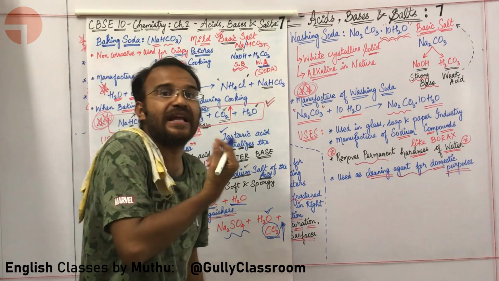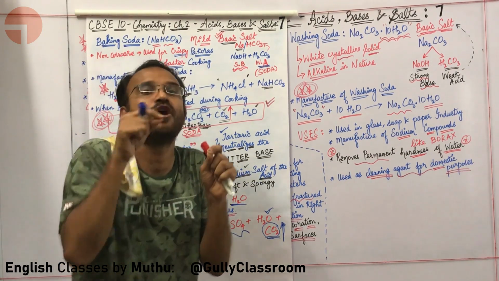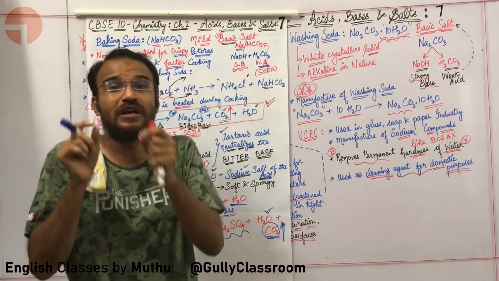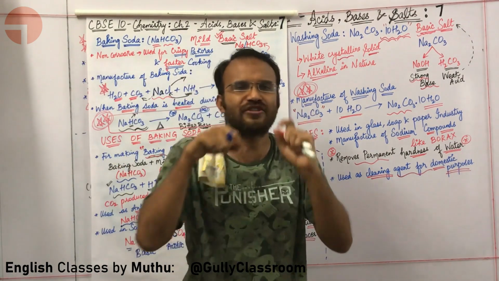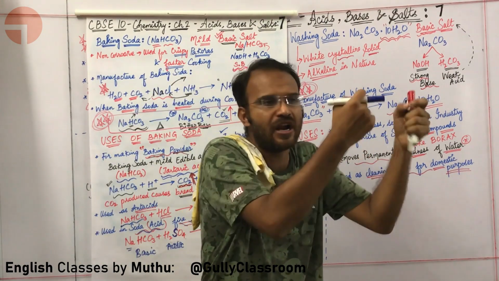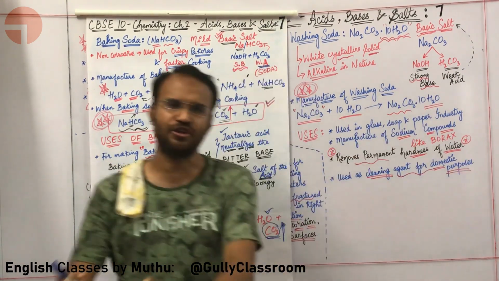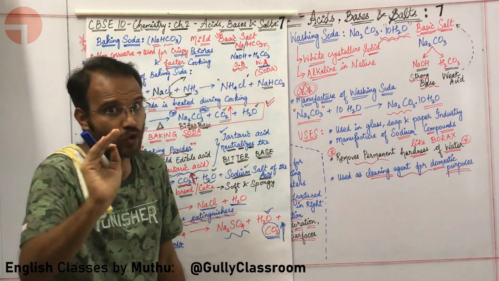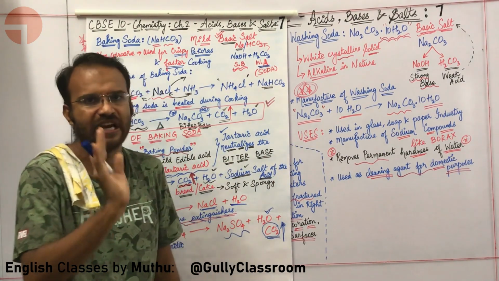We will study an experiment to analyze water of crystallization, and then we will study about gypsum and plaster of Paris. How to convert gypsum to plaster of Paris and how to convert plaster of Paris into gypsum. That's basically the content that we are going to cover in this particular lecture.